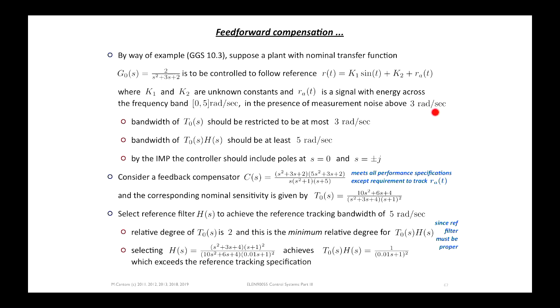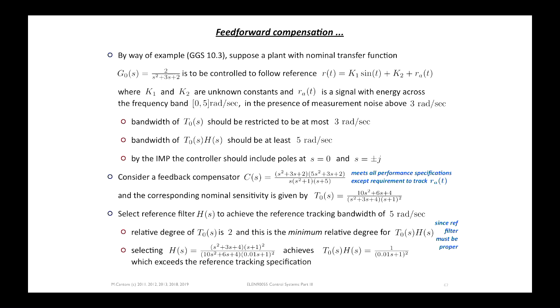But then we've got this requirement telling us to make the complementary sensitivity function roll off before 3 radians per second. So we can't have it being 1 up to 5 and beyond and rolling off before 3 at the same time.